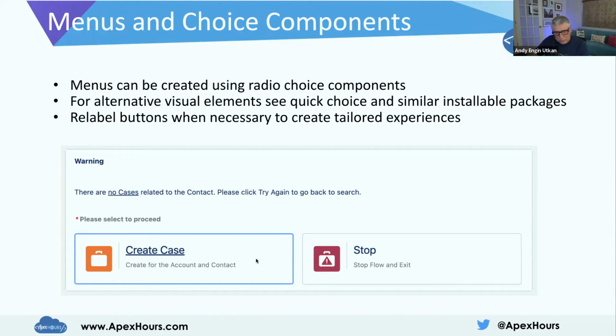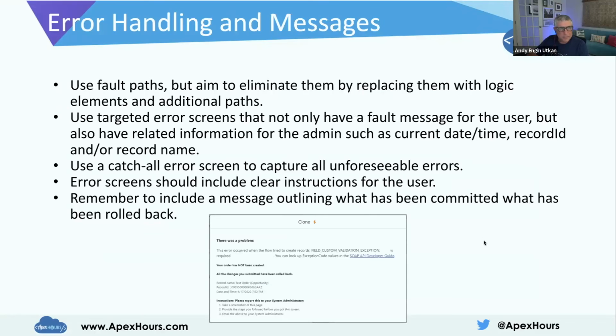For example, this one comes with a setting that allows the user to proceed immediately once they click on one of the choices. They don't really have to click on a next button. Once they click on one of these choices, they are going to proceed to the next page. And we can also relabel buttons when necessary to create tailored experiences. The buttons down below that say next, finish, whatever, can be renamed, relabeled.